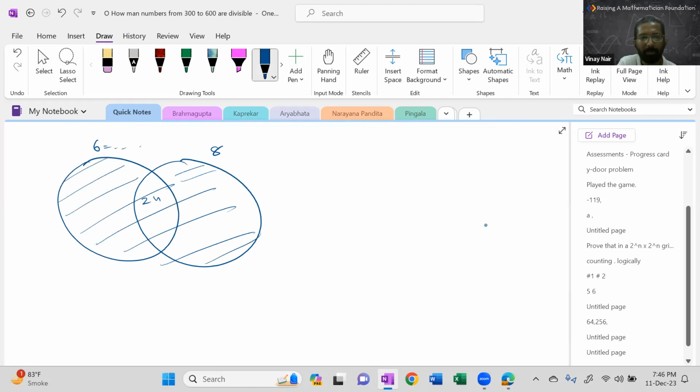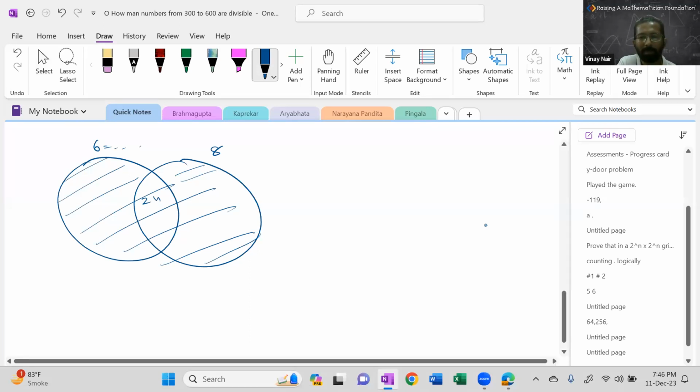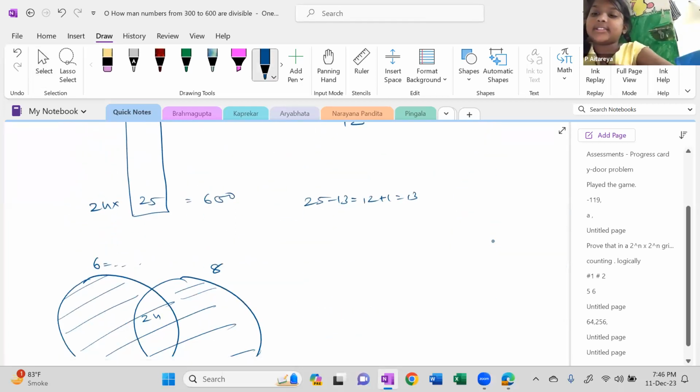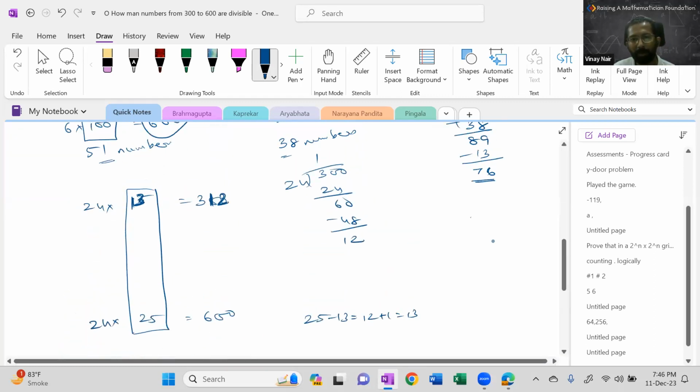Right? In this shading, now we had multiples of 6. How many numbers did we have? 51. And this section had 13. Right? 51 minus 13, you have 38 in this part, because 38 plus 13 will give you 51.